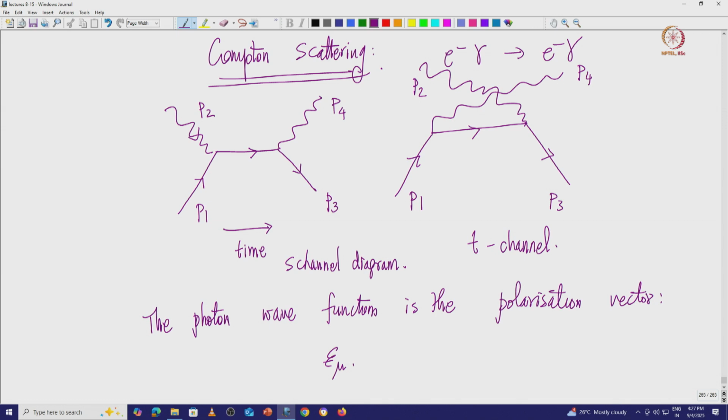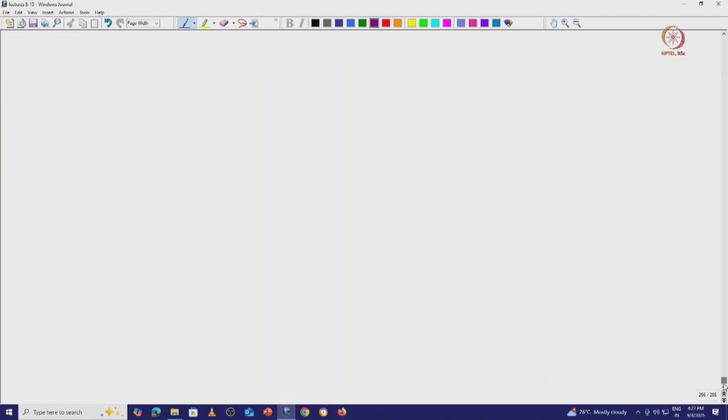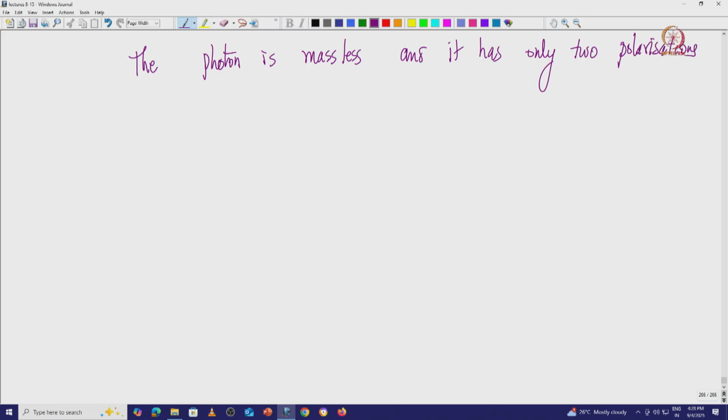Now there are certain things with the photon. The photon is massless. It has only two polarizations possible. So, all massless particles of spin 1 can only have two polarizations.